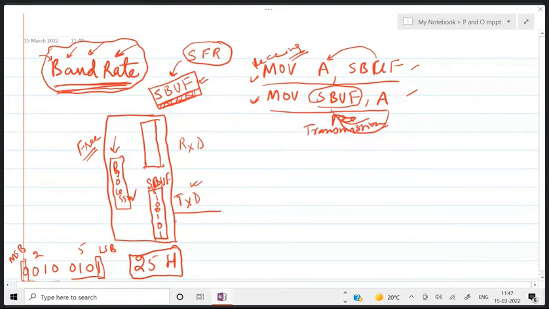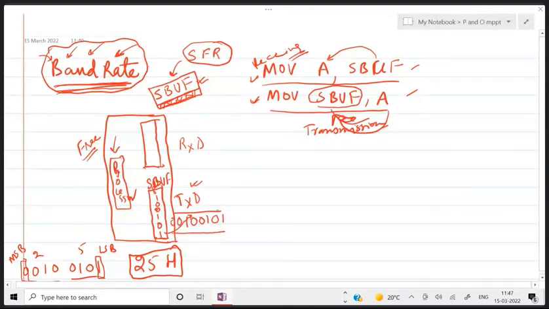Let me tell you that in transmission and even in receiving the data, the least significant bit is transmitted first. So this one will be transmitted first, and then this zero, and then this one, and then this zero again, and then this zero, and then one, and then zero zero.